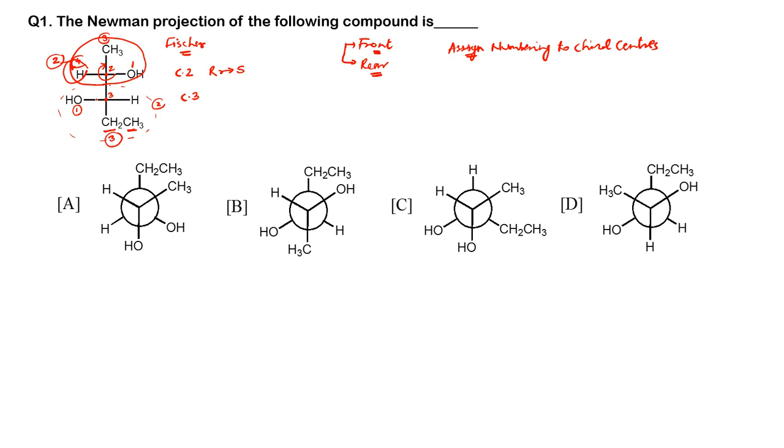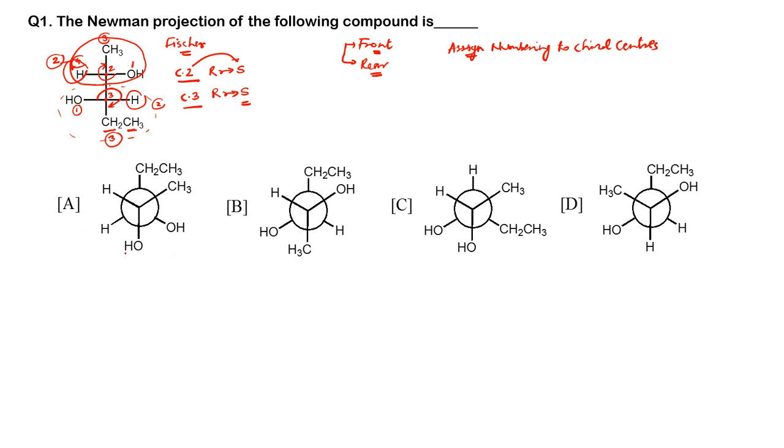For C3 this moves in a clockwise direction, so it seems to be R, but again the hydrogen is towards the observer, so this will change to S. So the absolute configuration of the given molecule is 2S and 3S.